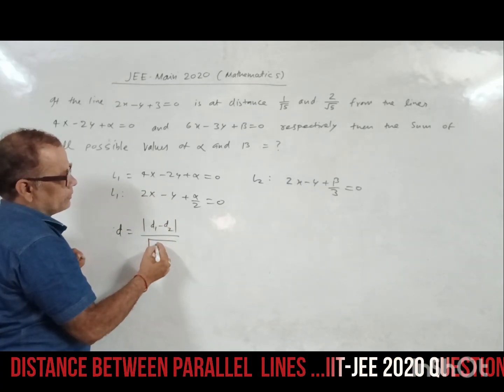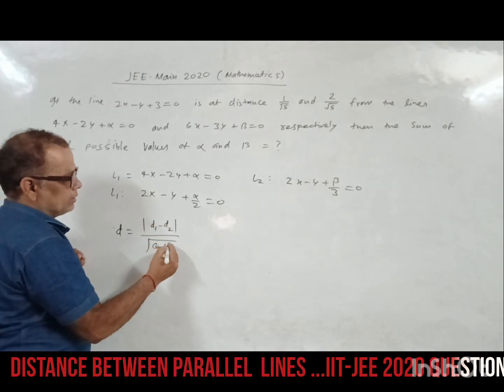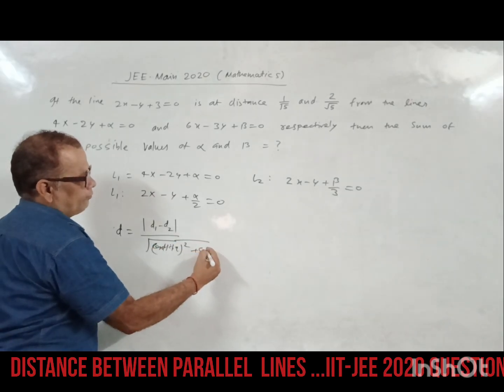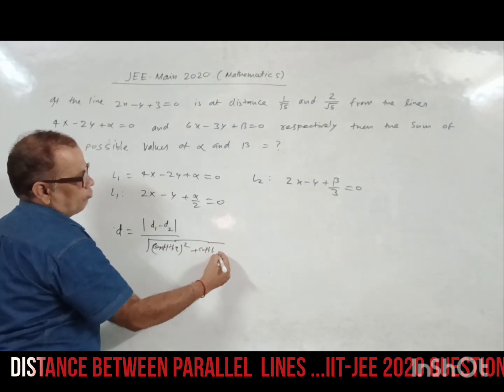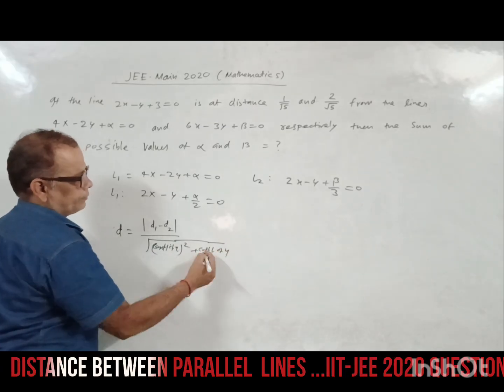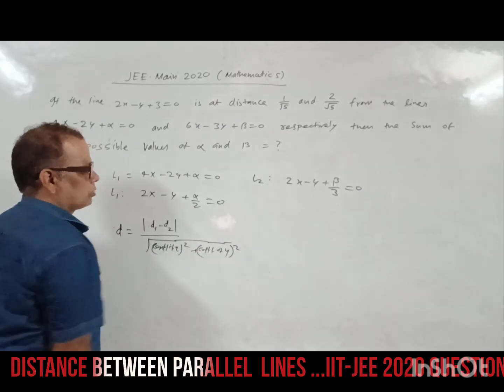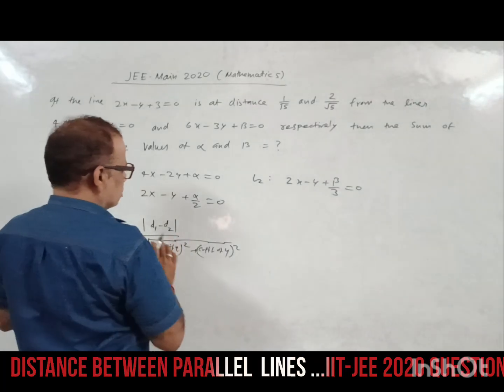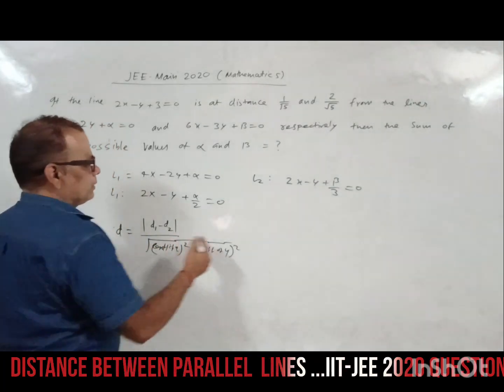So it is the coefficient of x square plus the coefficient of y square. This is the parallel distance formula.